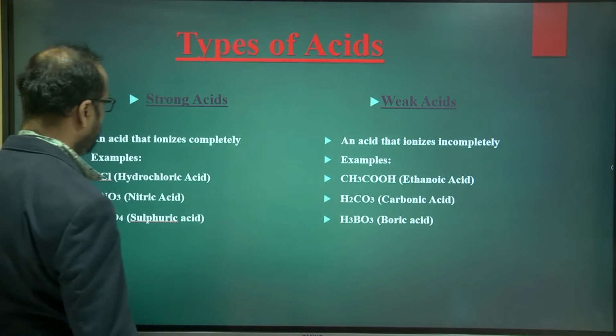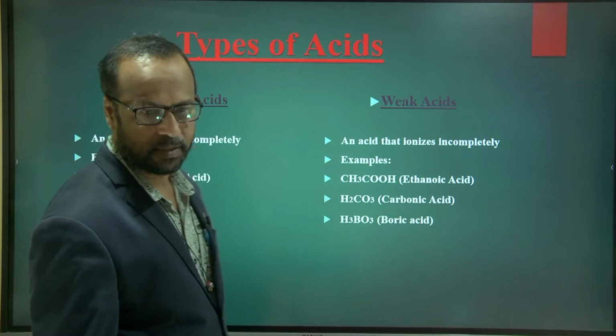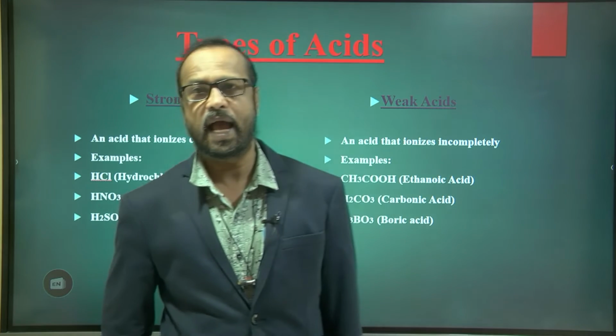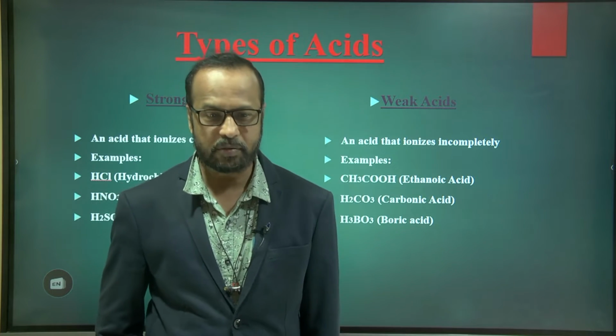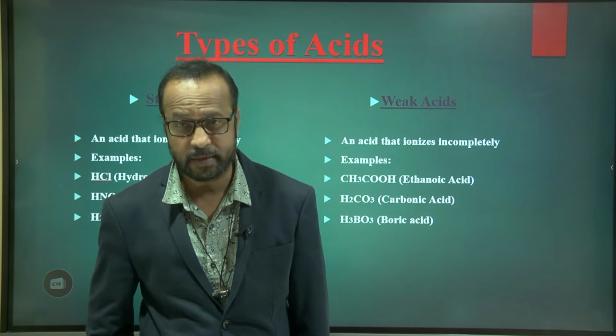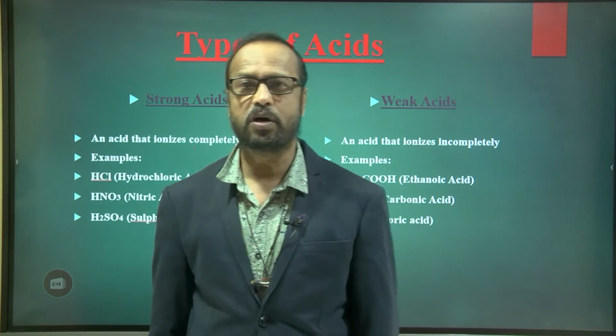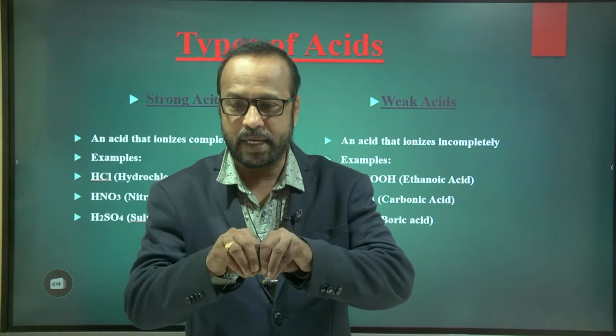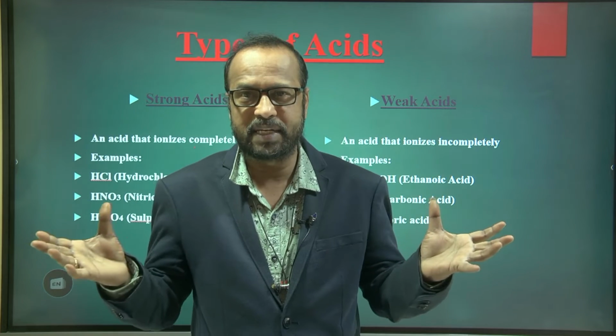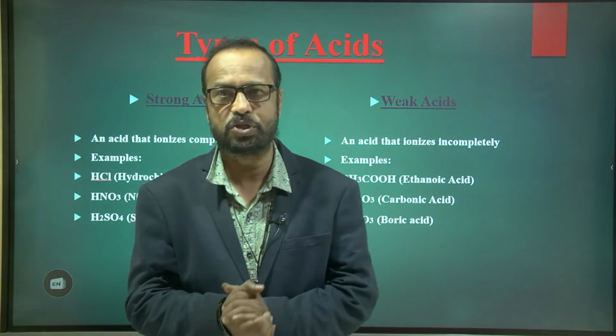So here, once, to revise the last class, we discussed acids. Two types of acids are there based on the strength: strong acids and weak acids. Strong means what? Which ionizes completely, means which completely splits into ions in aqueous solution.